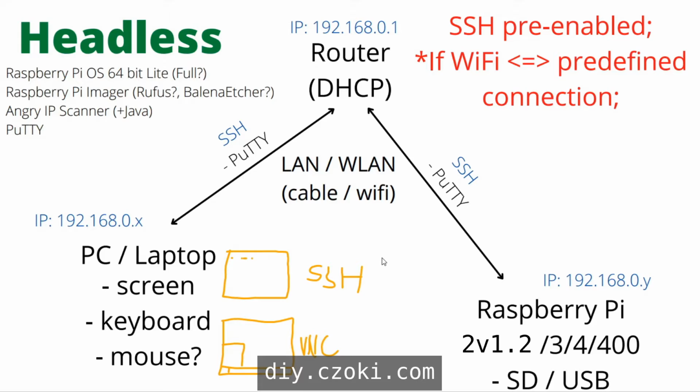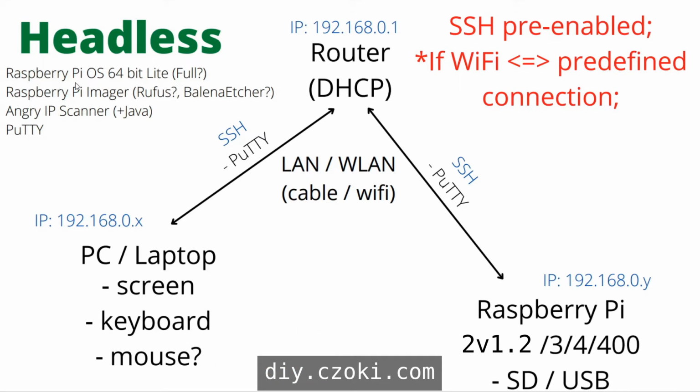SSH might be used for both variants of the OS, Lite and full, where VNC may be used only with the full version, which has the user interface. Connection over SSH also requires pre-enabling before the first booting of the Raspberry Pi.